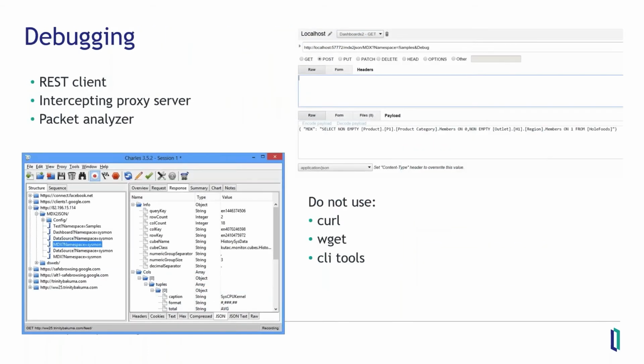So after you develop some REST API, and it doesn't work, or the results are unpredictable, not what you expected, you can get into debugging. There are many different tools. Here they are. First of all, REST clients. You can see it on the right side.